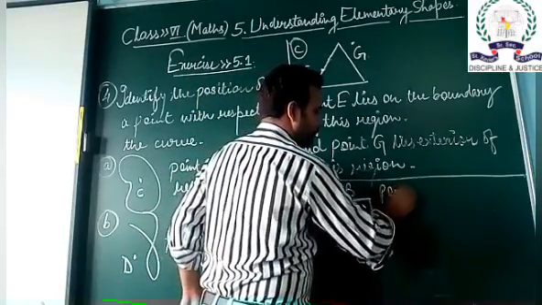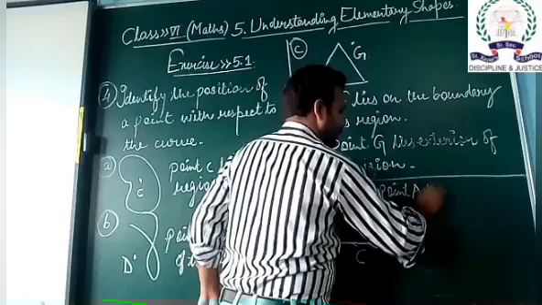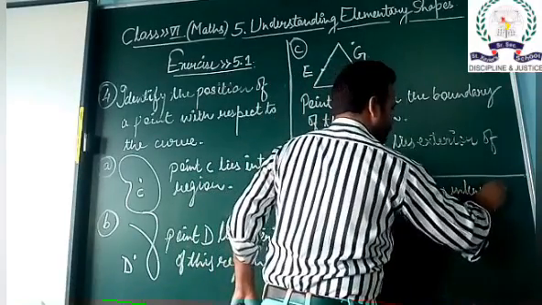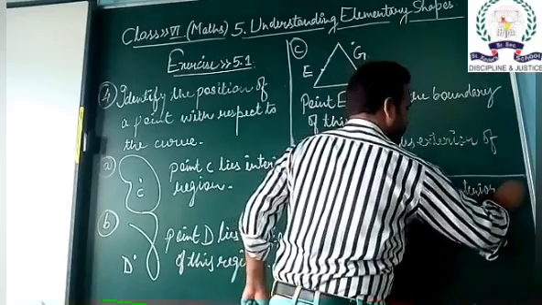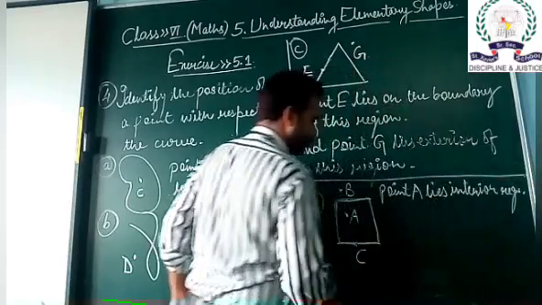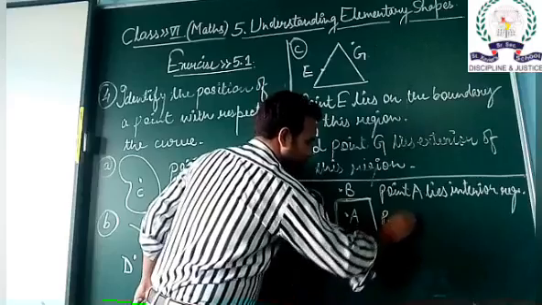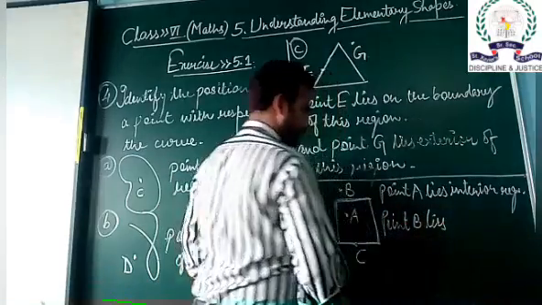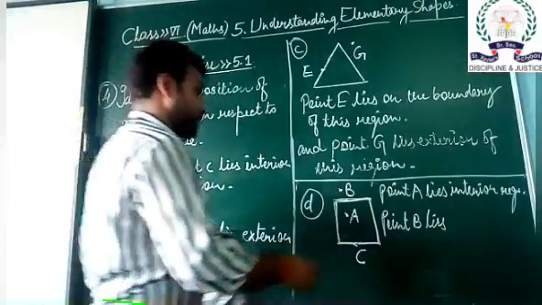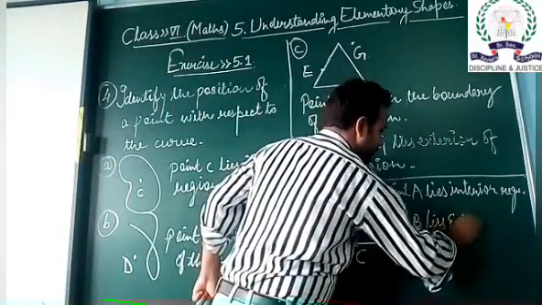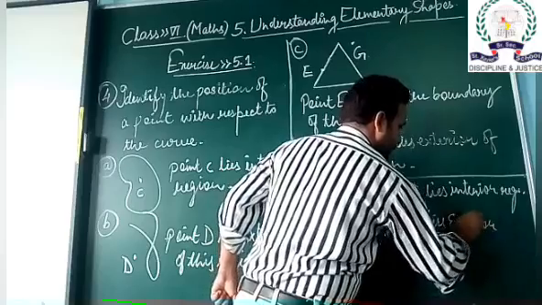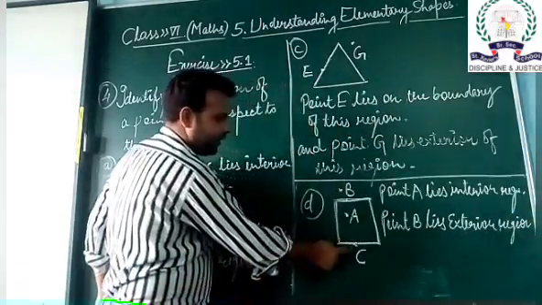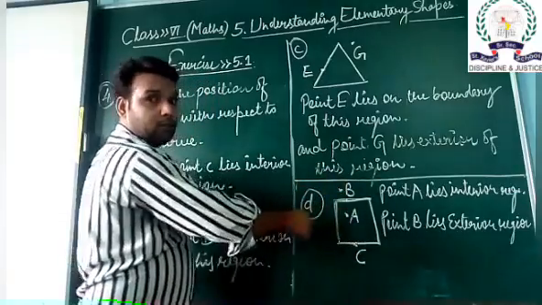Point A lies in the interior region, point B lies in the exterior region, and the point C lies on the boundary of this figure.